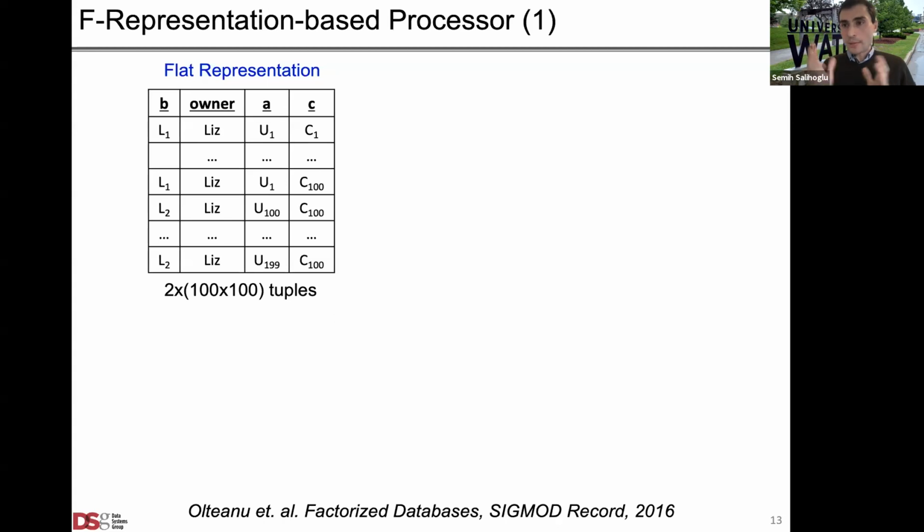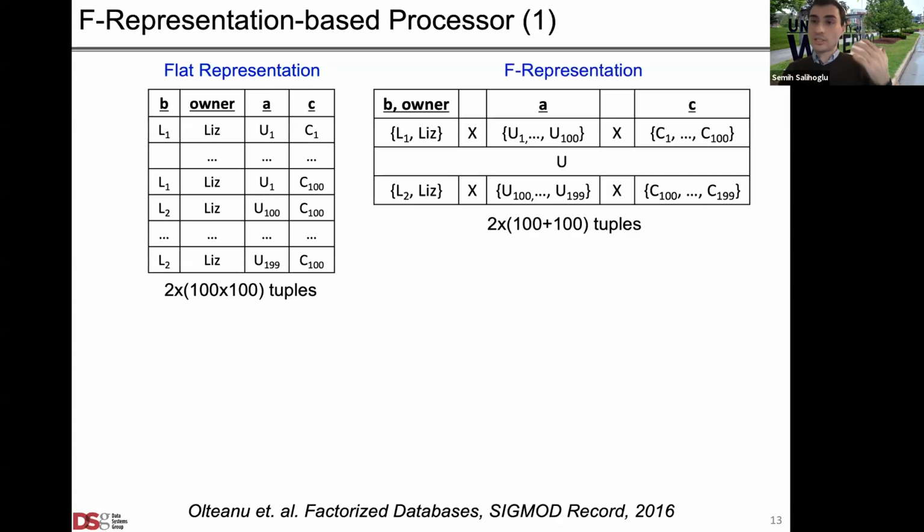So there are two types of factorized representation systems I'll talk about. The first one is called F representations. The output of the previous query, which in my example contained 20,000 paths, each Liz account was part of 10,000 in my example data, would be much more succinctly represented not as a set of flat tuples, but as unions of Cartesian products as follows.